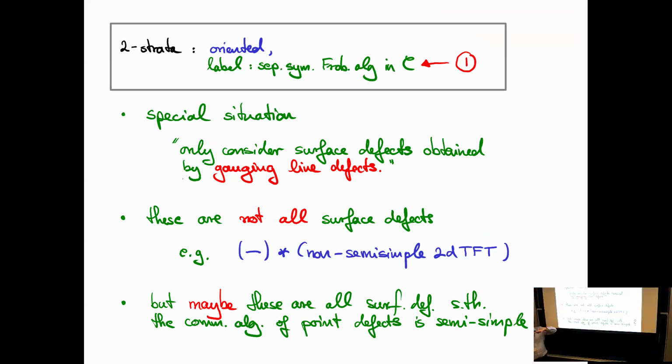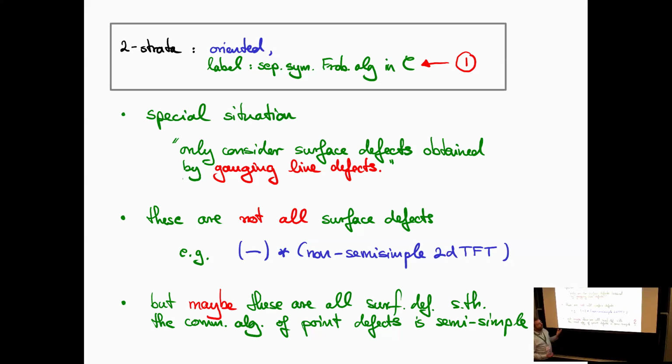That's what this network of lines was. It means I'm gauging a line which can live on the trivial defect, and I'm gauging that to get some non-trivial defect. So these are not all surface defects. They are not. For example, you can always do a stupid thing and tensor it with a non-semi-simple 2D TFT, and that's again a surface defect, and it's not of that form.